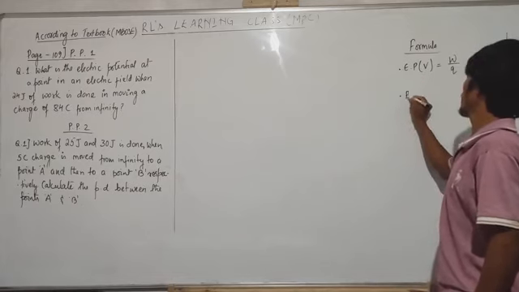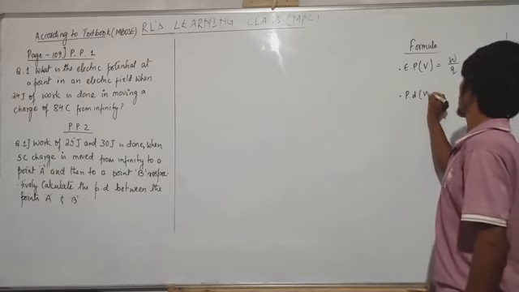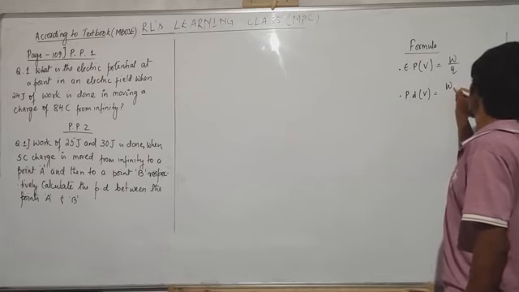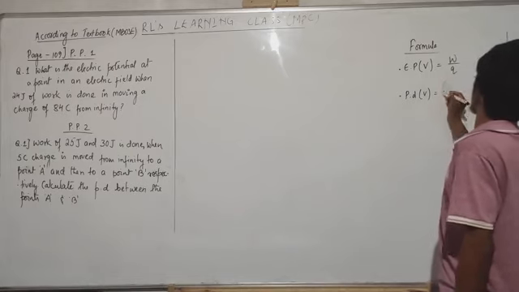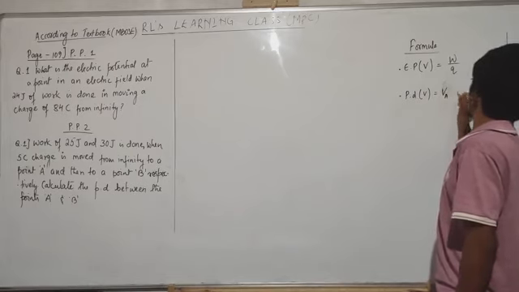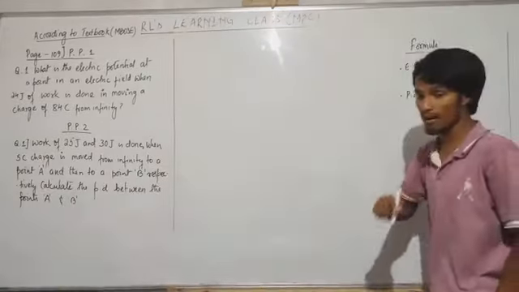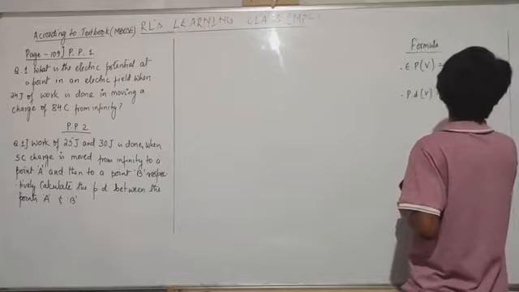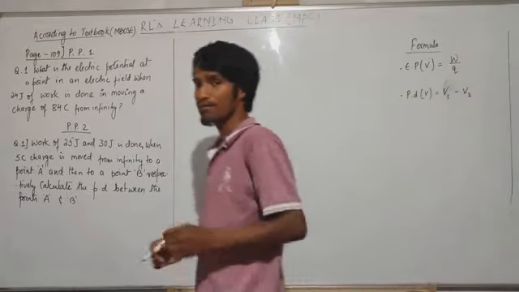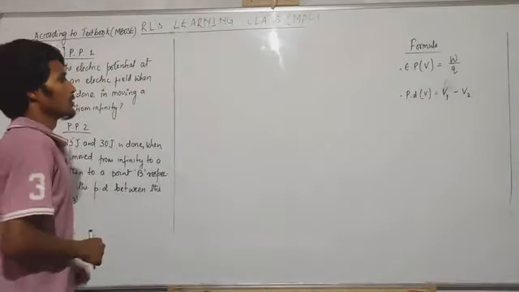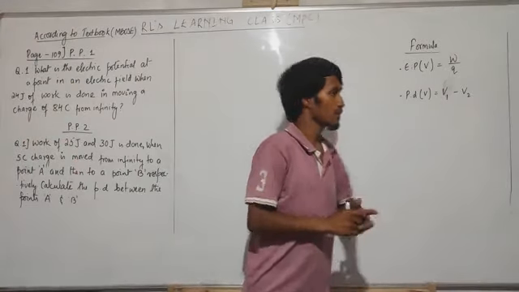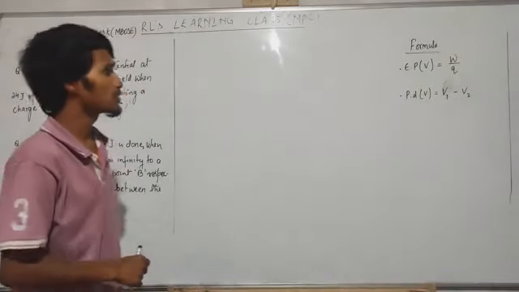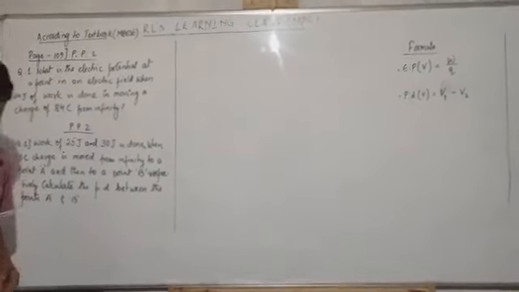Then potential difference will be W by Q also, equal to VA minus VB, or V1 minus V2 in general, because it is the difference between two points. Let's say this is point A and this is point B. We don't know, let's see the problem. This is the formula we'll use in this very simple problem.